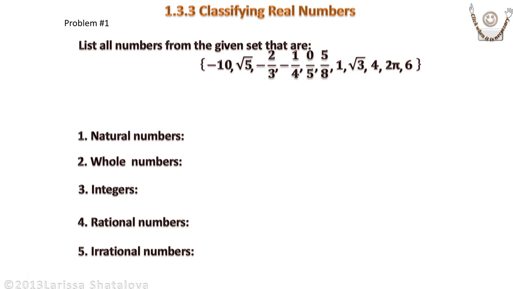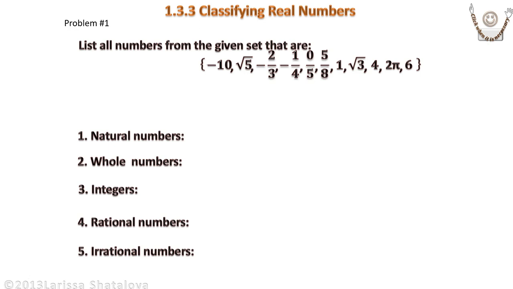Problem number 1. List all numbers from the given set that are natural numbers, whole numbers, integers, rational numbers, irrational numbers. If you have a set of numbers, it's a good idea to analyze this set.